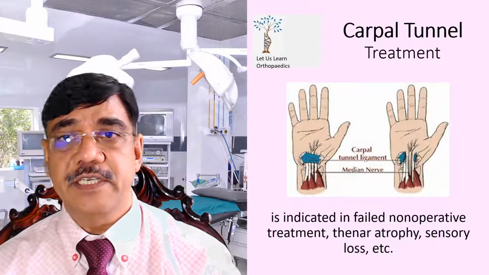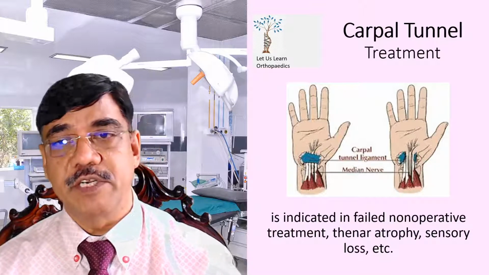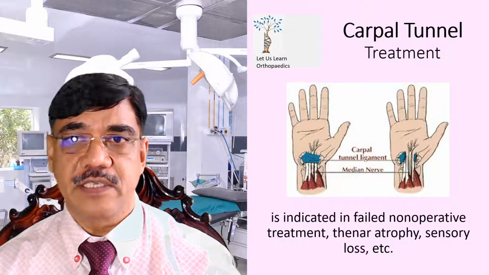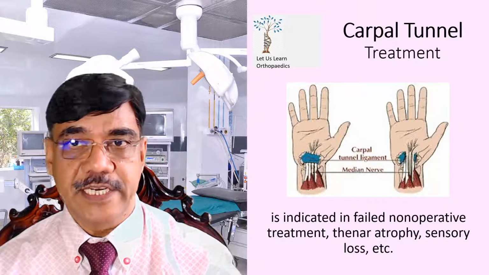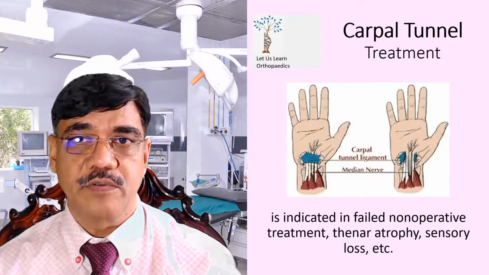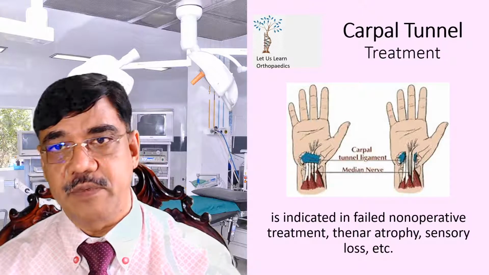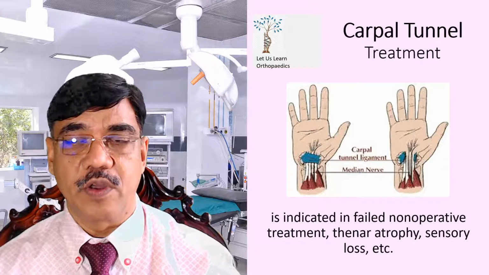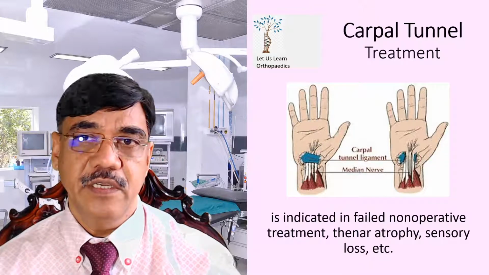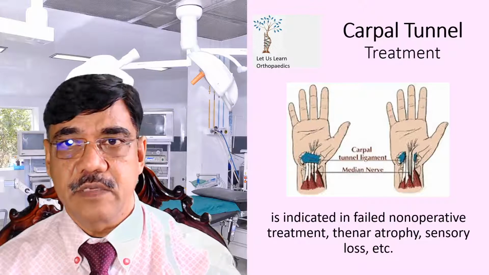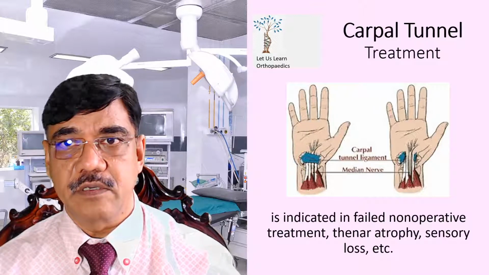Now this is indicated in failed non-operative treatment, wasting, sensory loss, etc. So it means whenever the patient comes in a late stage, instead of trying conservative treatment, you are supposed to go directly for decompression of the carpal tunnel by cutting the transverse ligament.